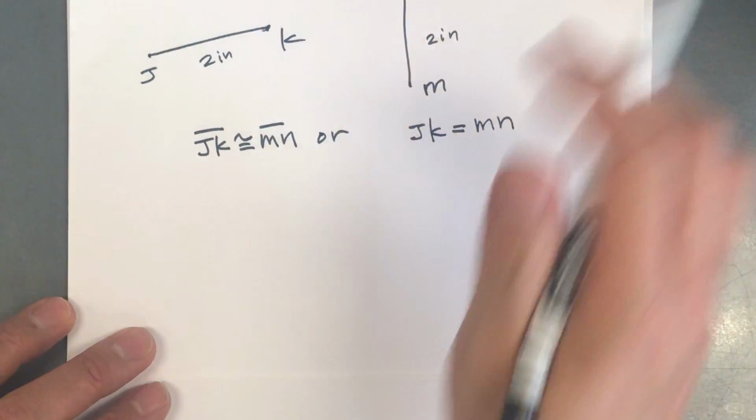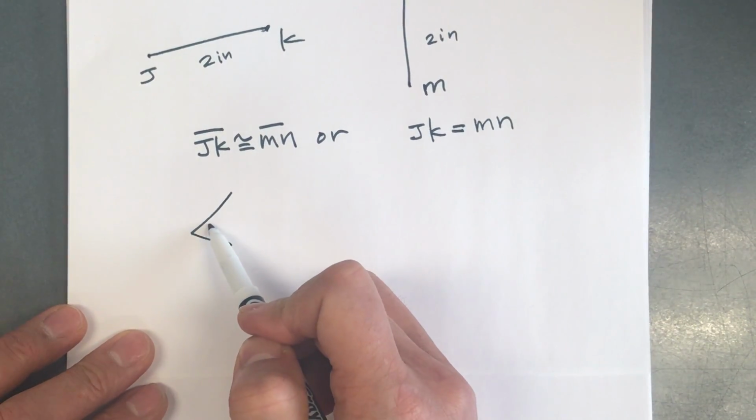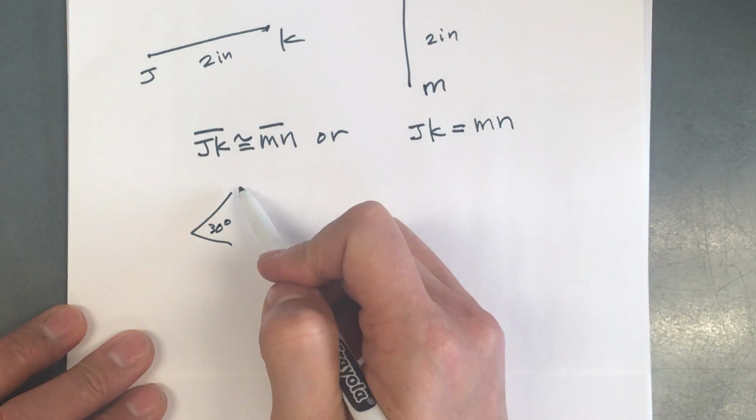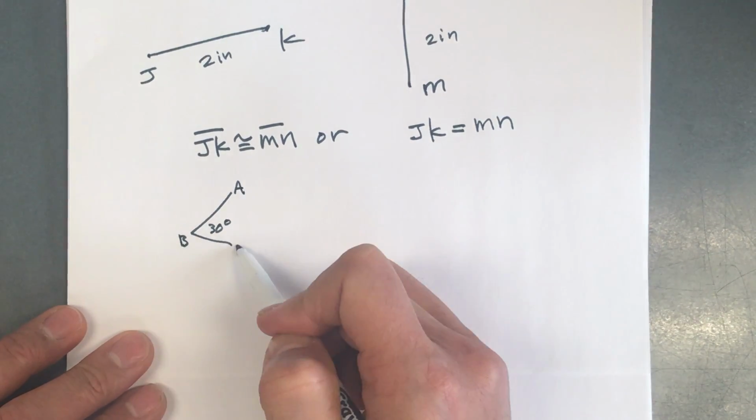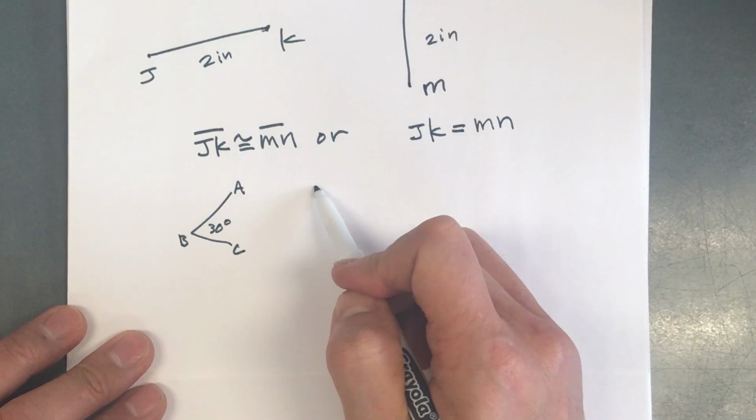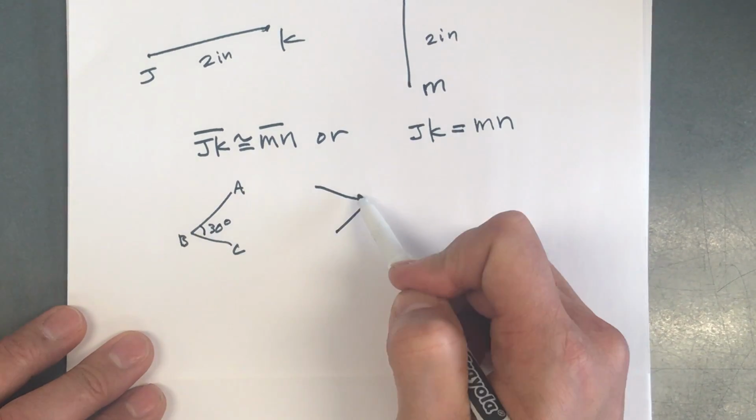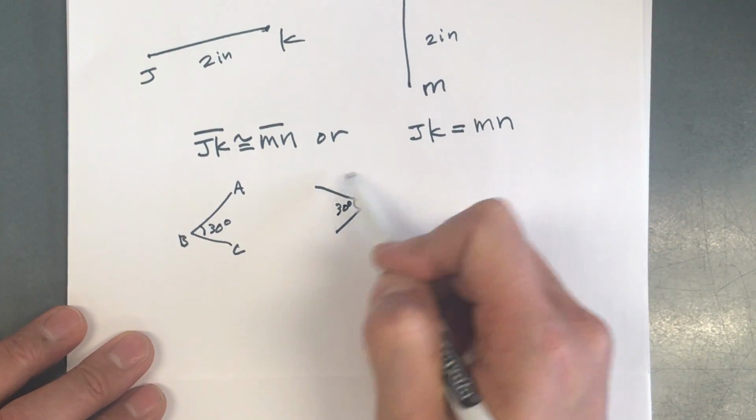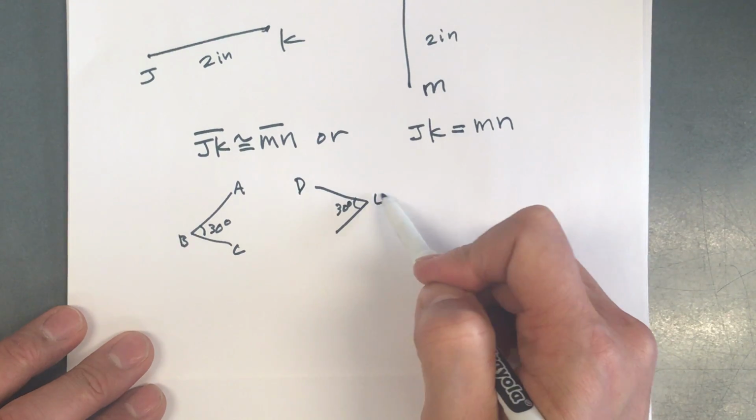Likewise, if you have some angles like this, let's say this is 30 degrees, and let's say this is ABC. Let's say you have another angle like this that's 30 degrees, and let's say this is DEF.